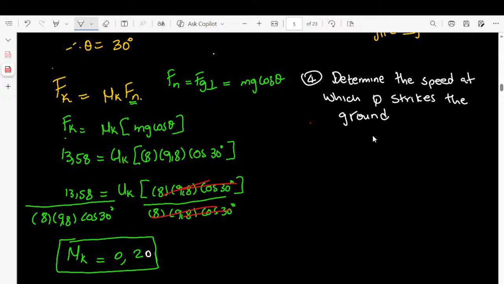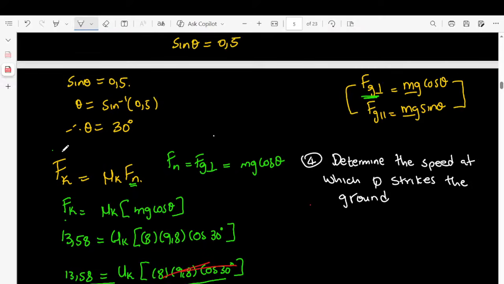Remember, in IEB you do kinematics in grade 11. Vertical projectile motion, you do it in grade 11. So what we're going to do on this one: they want us to determine the speed at which Q strikes the ground.